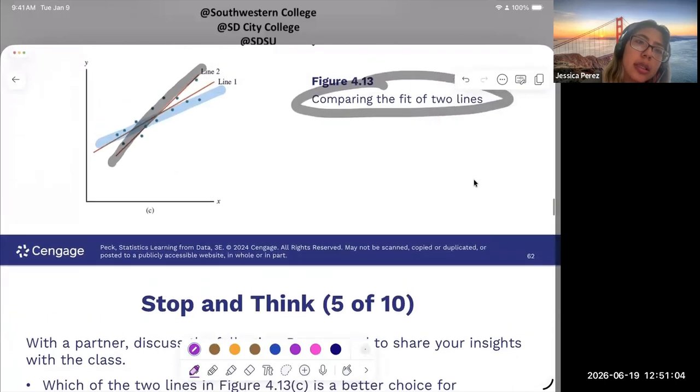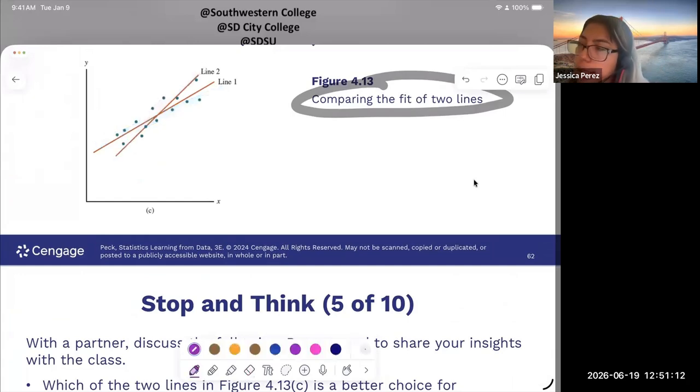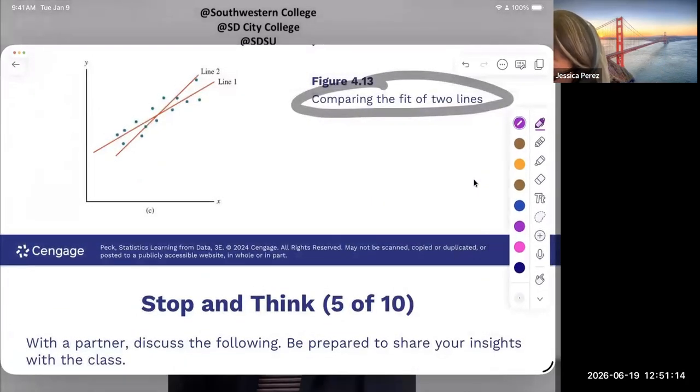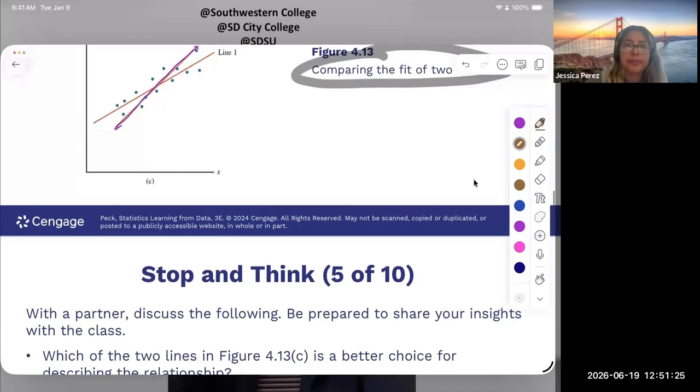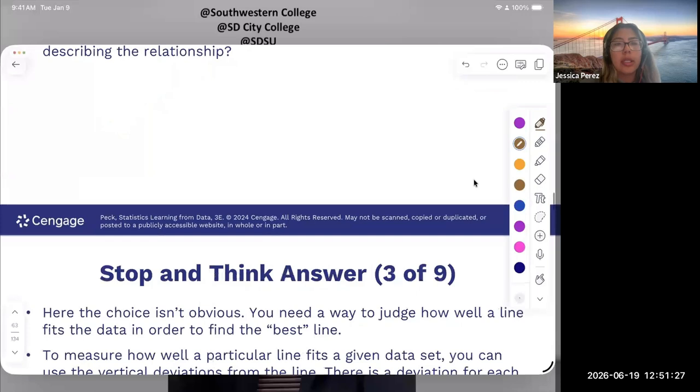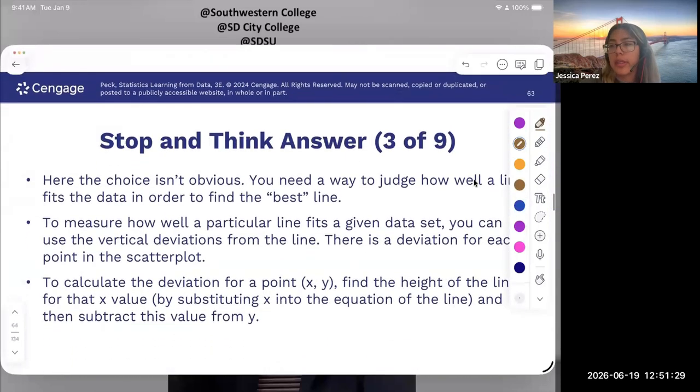If I look at line 2, let me erase the colors here, the points are kind of scattered in line 2 versus line 1. Here's a choice that isn't too obvious, right? It's hard to determine which one is the line of best fit.